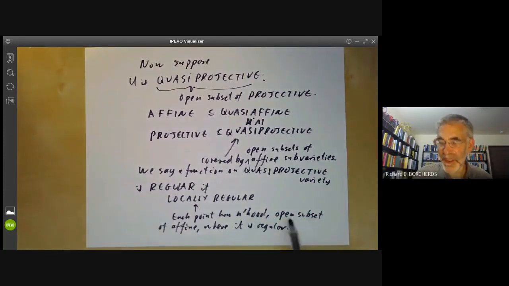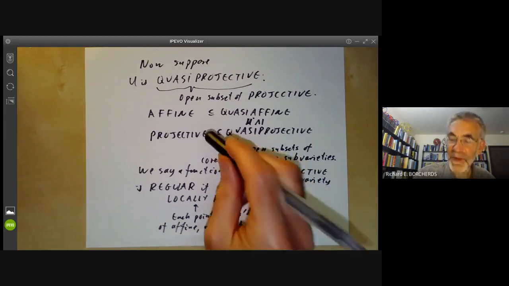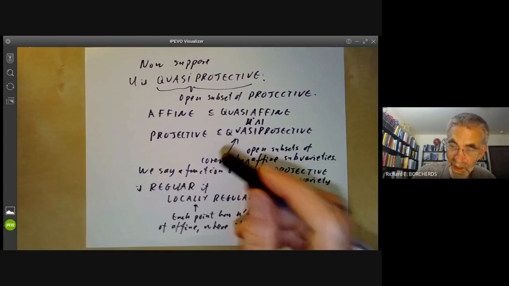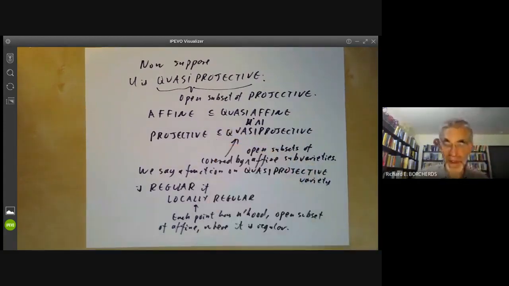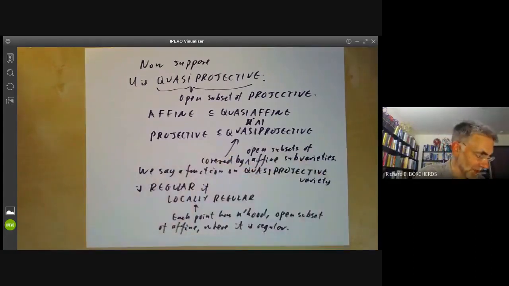So we've defined regularity for open subsets of affine varieties, so we can extend regularity to all locally open affine subsets of projective varieties, and this allows us to define regularity of functions on open subsets of projective varieties.